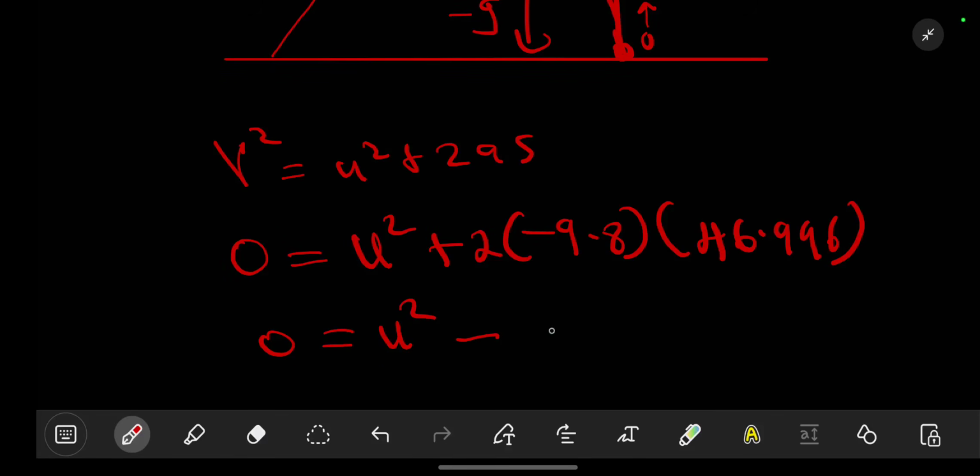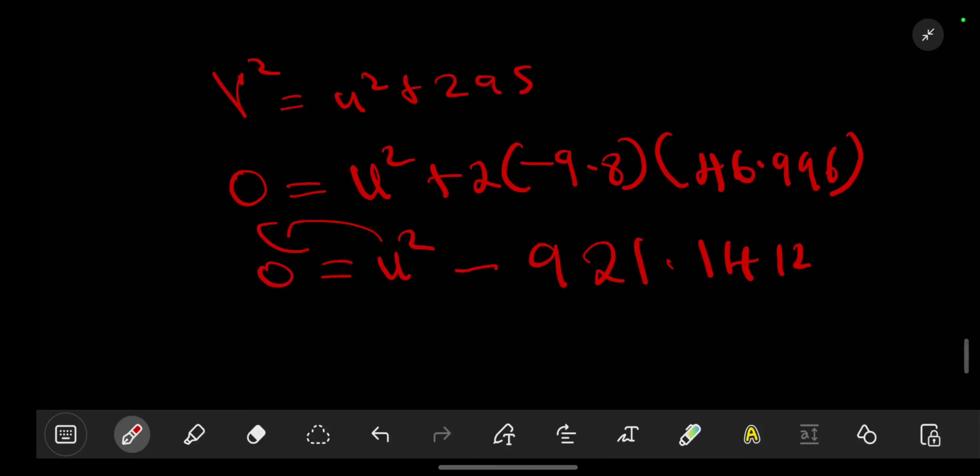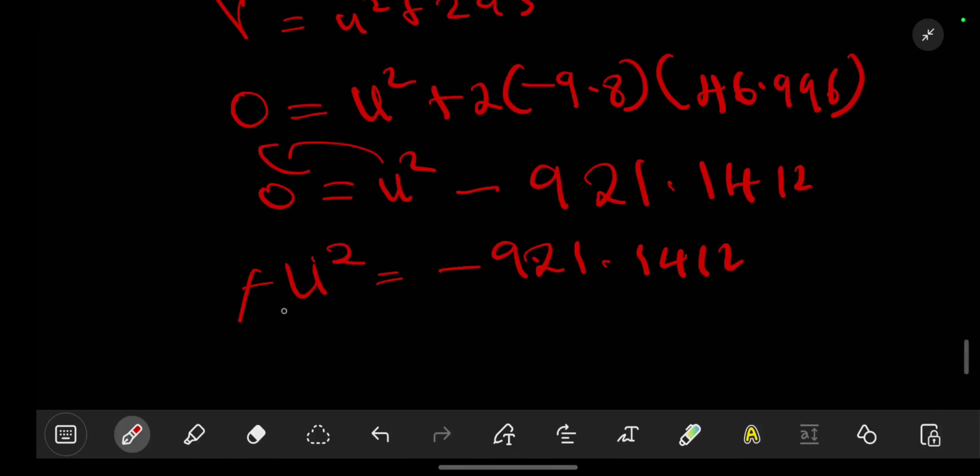This is going to give us 921.1412. So we take this to the other side: negative u squared is equal to negative 921.1412.